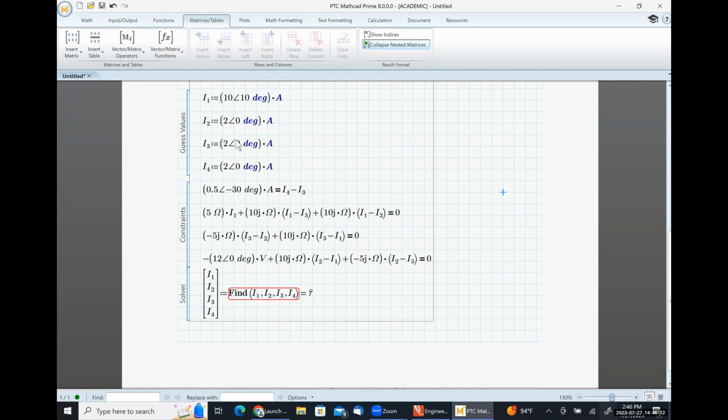Because this is a system, 4 equations, 4 unknowns, everything is well defined. It should be able to solve this. What if you say 2 angle 0 times degrees? That shouldn't matter because I didn't have to do it before.